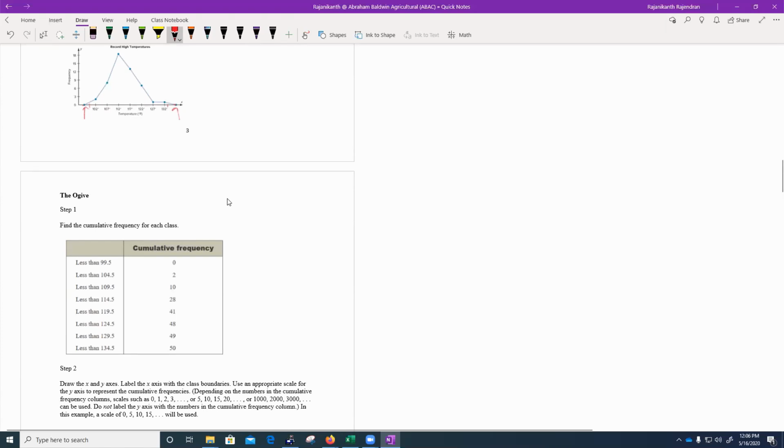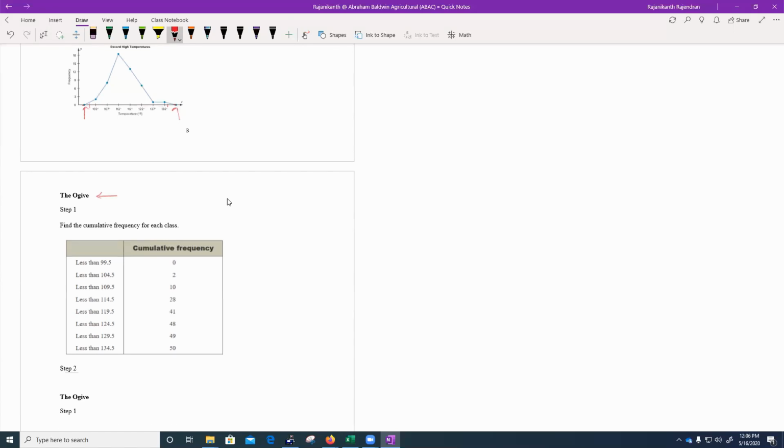The third one is the ogive. To draw an ogive, we need to use the cumulative frequency distribution. Remember in the last section, we saw how to make a cumulative frequency table. Use those values on your table to complete these values.